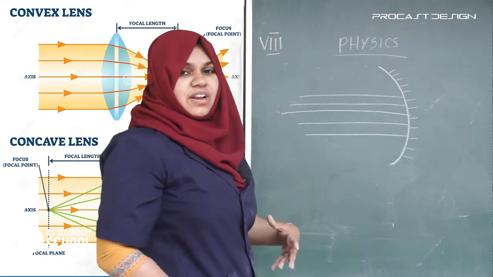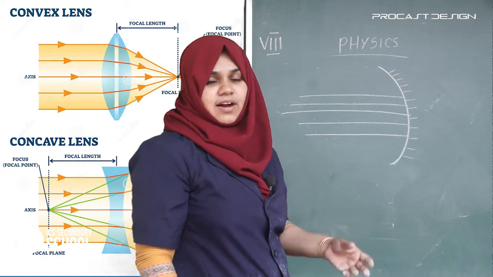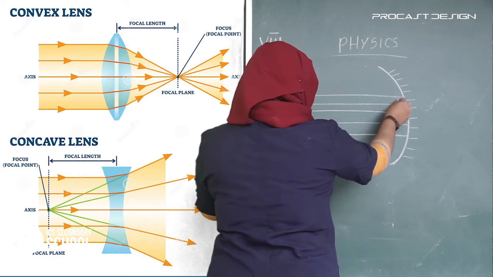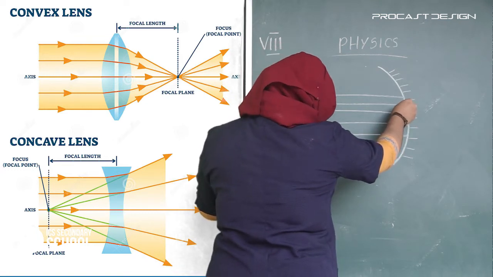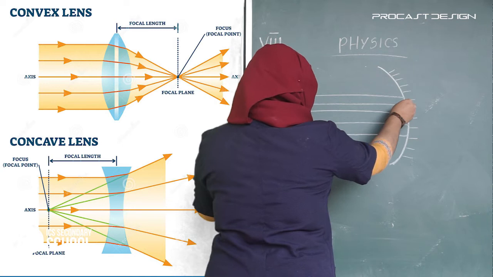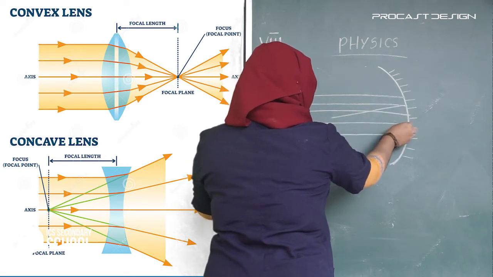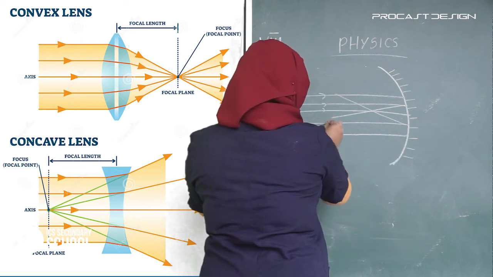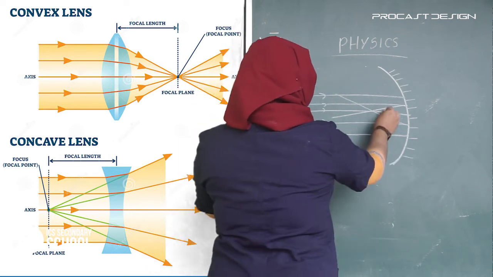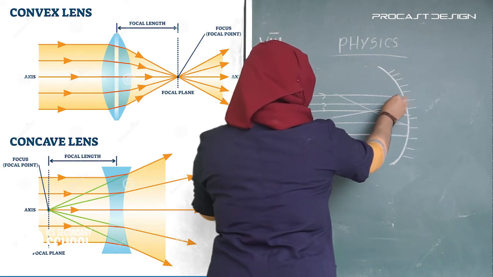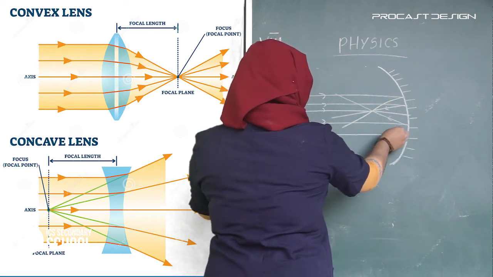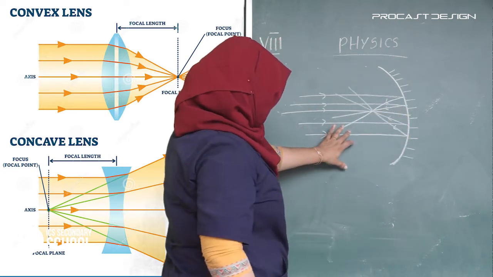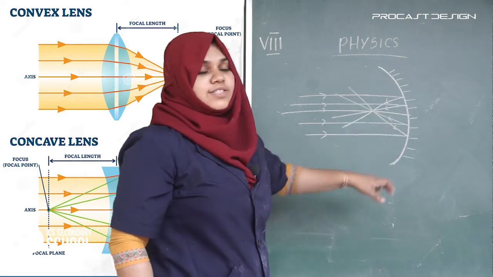Then how will we get the focus of that mirror? Yes, it will reflect back through a point. Every incident ray reflects through a common point. Yes, this is the focus of the mirror.